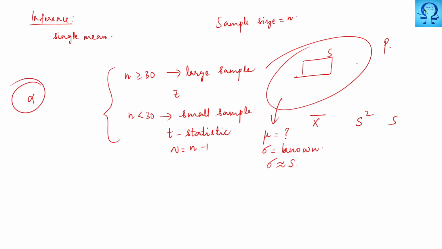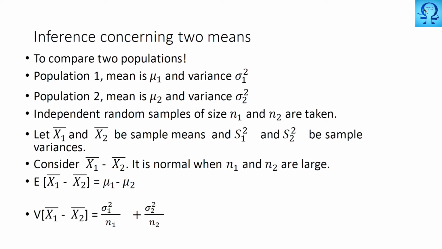Now, our population was a single population in which we take a sample and perform all this calculation. In this video we are going to discuss inference concerning two means. Whenever we say inference concerning two means, we do not have a single population, we have two populations.